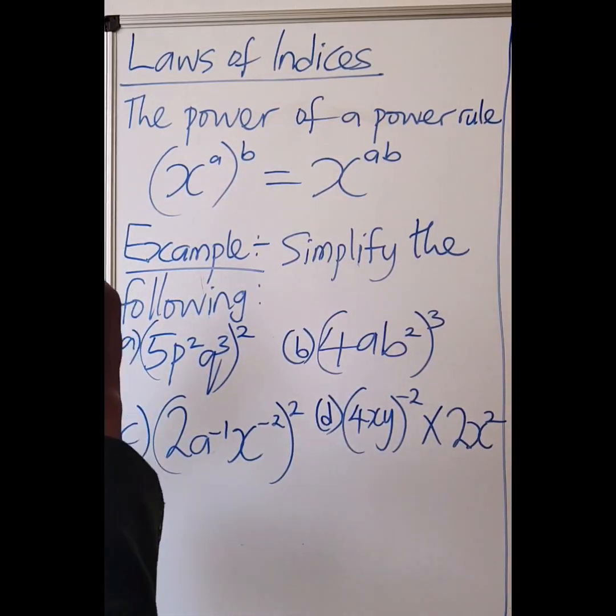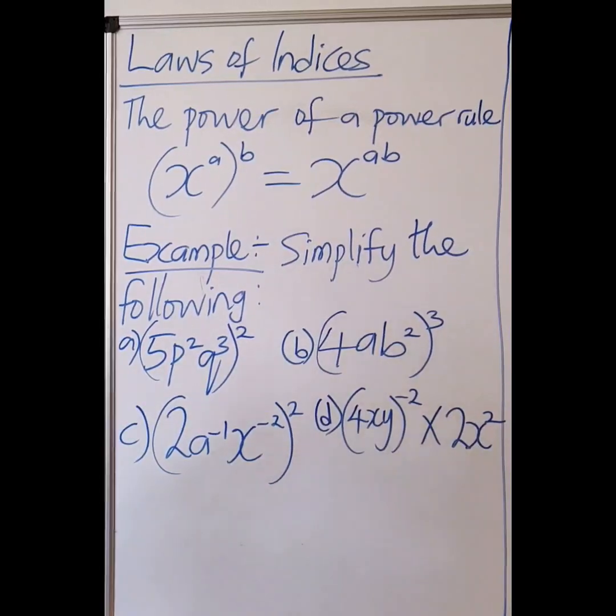So the moment the bracket is removed, the power will be multiplied, and it's going to be ab. Numerically, for example, if a is 2 and b is 3, multiplying 2 by 3, we're going to get 6. So that is how the power of a power rule works.